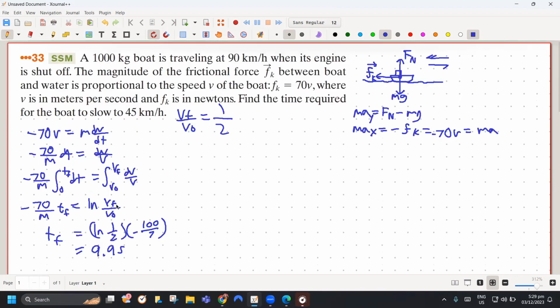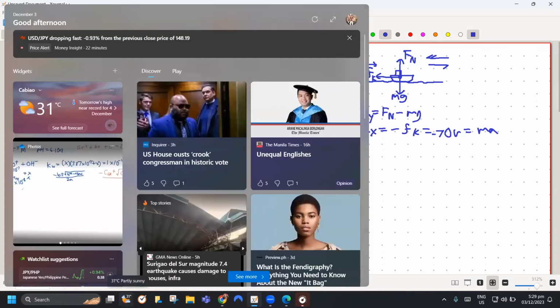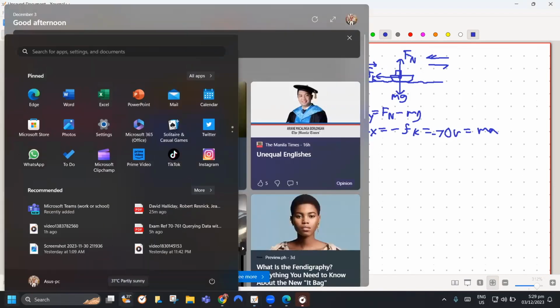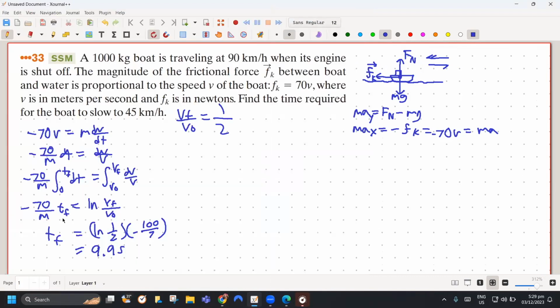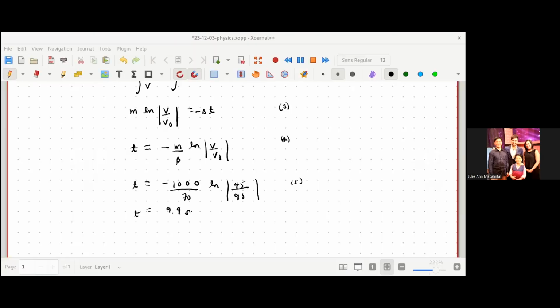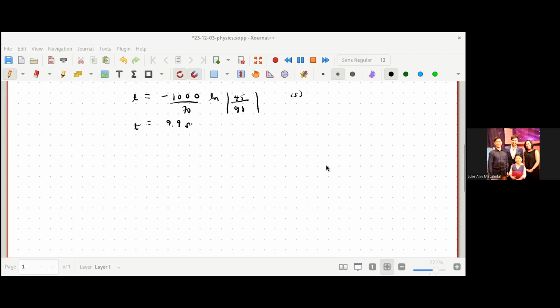Sige, ngayon, before we move on to the next thing, share ko yung screen ko. I-generalize lang natin ng konti. Paano kung ganito?